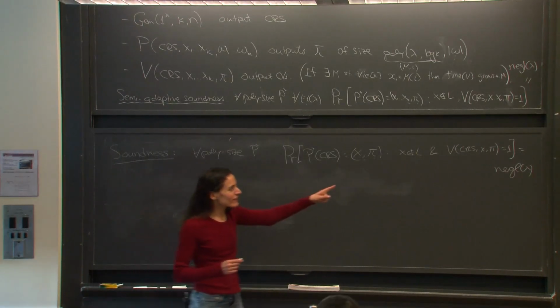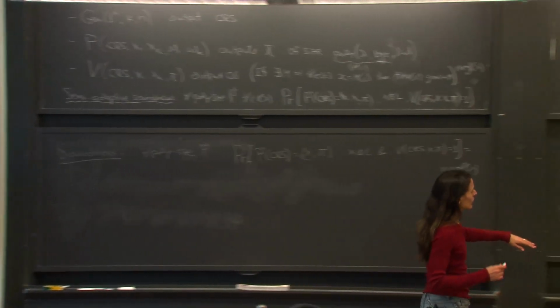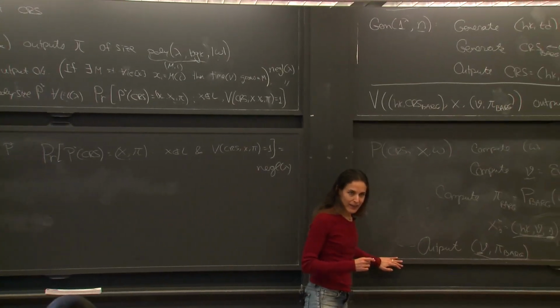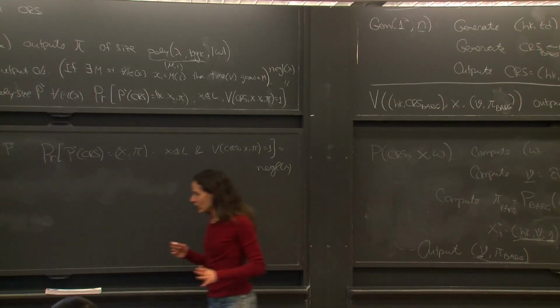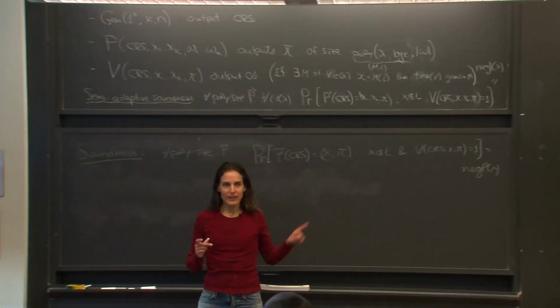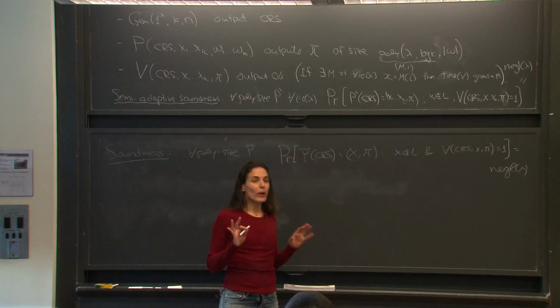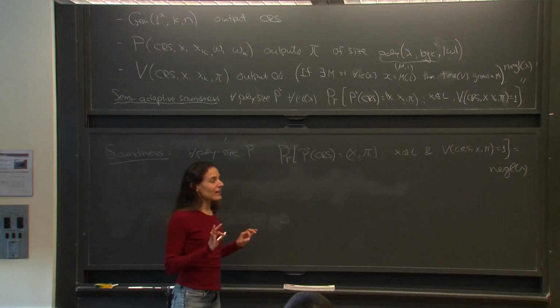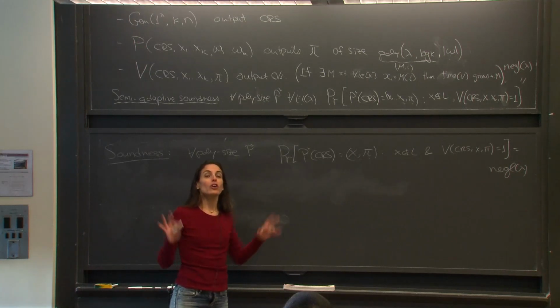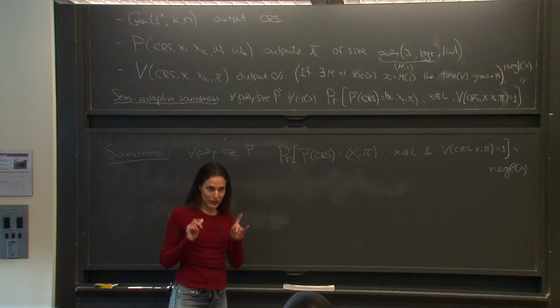So let's try to see what this construction actually gives us. What I'm going to argue is that this construction does not give us soundness. What it gives us is a form of local soundness. I'll explain what this means.